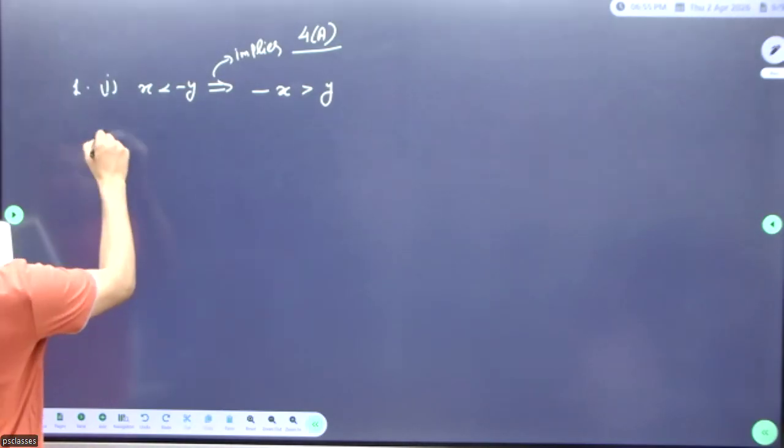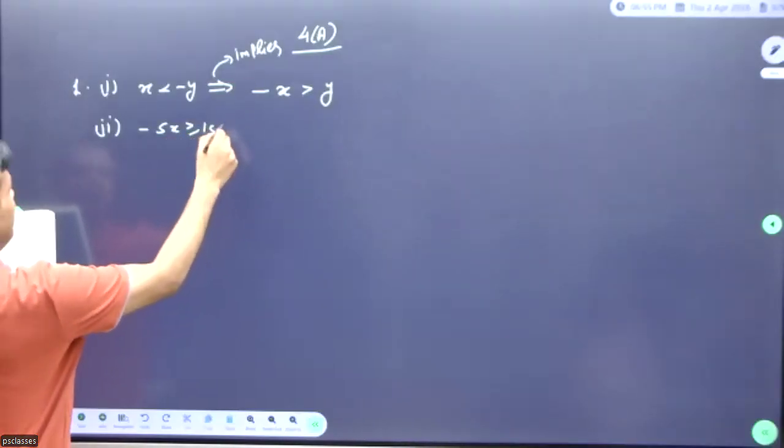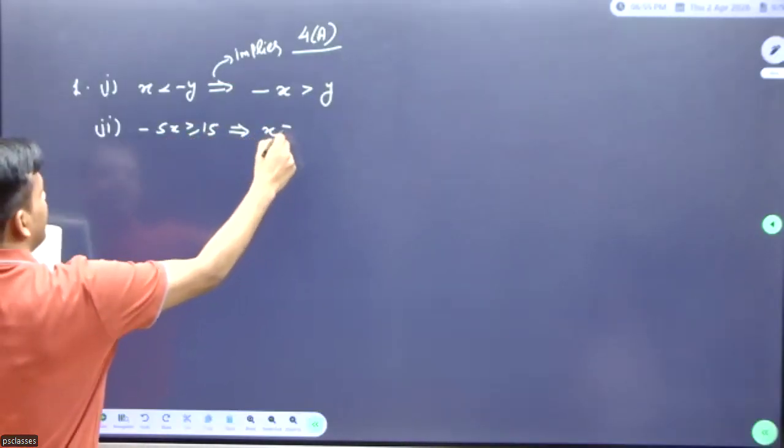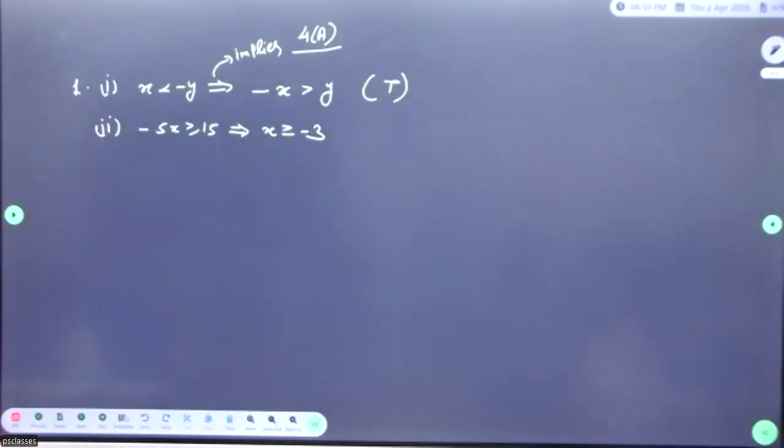Second one, minus 5x greater than equal to 15 implies x greater than equal to minus 3. The first one is true. Second one, false. Because when you divide by minus 5, the sign of inequality will change.